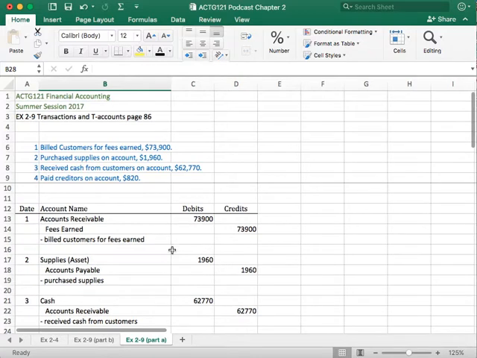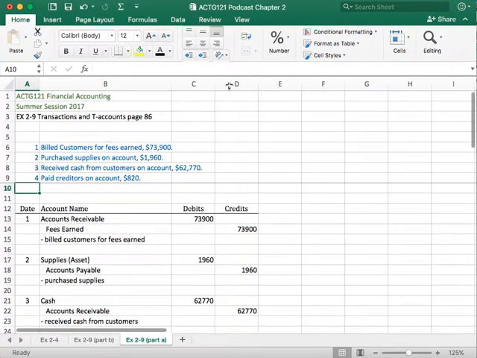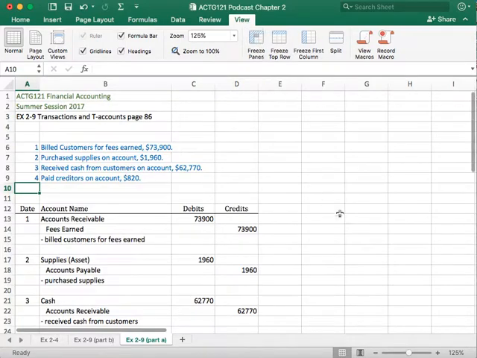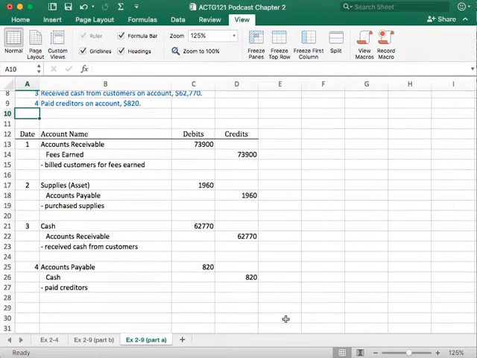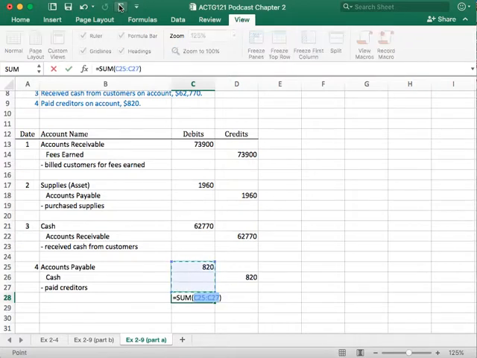Okay, so let me take this freeze pane out. So we have our 4 journal entries, and one of the things that everybody loves with journal entries is that you can just add up all of them on the page or on your Excel spreadsheet.